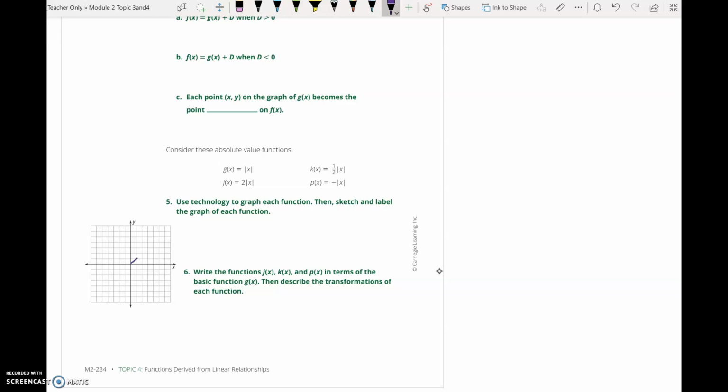So the parent, up 1 over 1. If I put a 2 in front, it's going to become up 2 over 1. And it gets skinny.